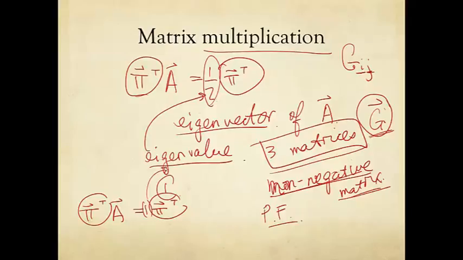Now you may say, why are we even going through all this matrix multiplication and eigenvectors and eigenvalues for non-negative matrices? What has this got to do with Google's web page ranking? As we will see in the next 30 minutes or so, the ranking is determined by the importance score vector pi, and pi really is nothing but the eigenvector associated with eigenvalue of 1 of a matrix, this Google matrix.